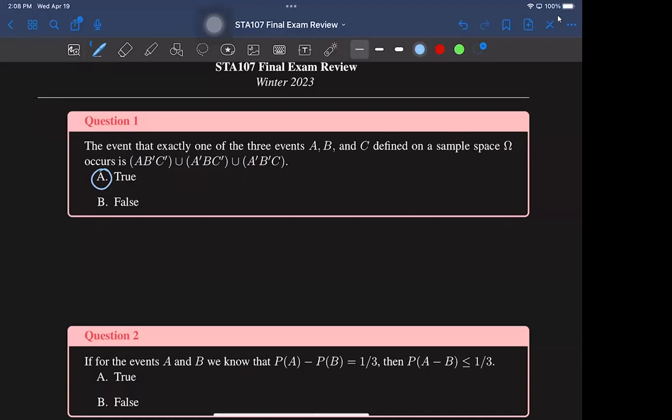Can someone explain why it is true? The first question, you can either type in the chat or you can unmute yourself and speak.